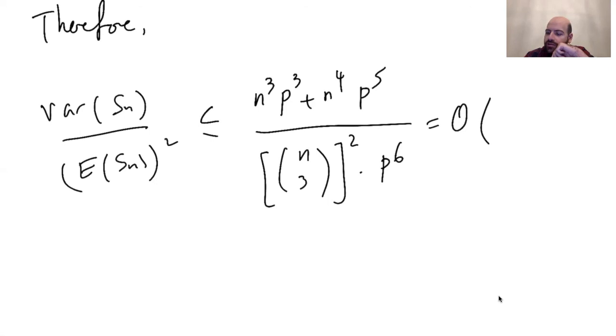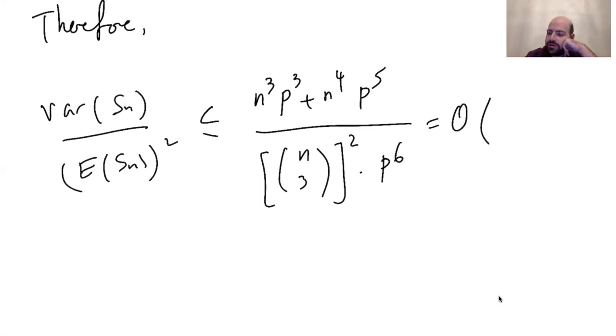Now n cubed over n choose 3, you can easily show that 1 over n choose 3 is O of 1 over n cubed. To power 2 is 1 over n to the power 6. So n to the power 3 over n to the power 6 is 1 over n to the power 3.